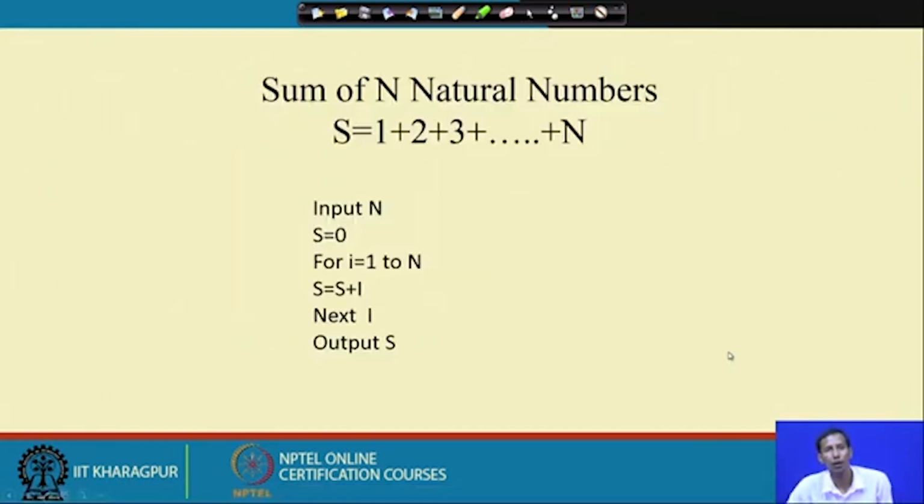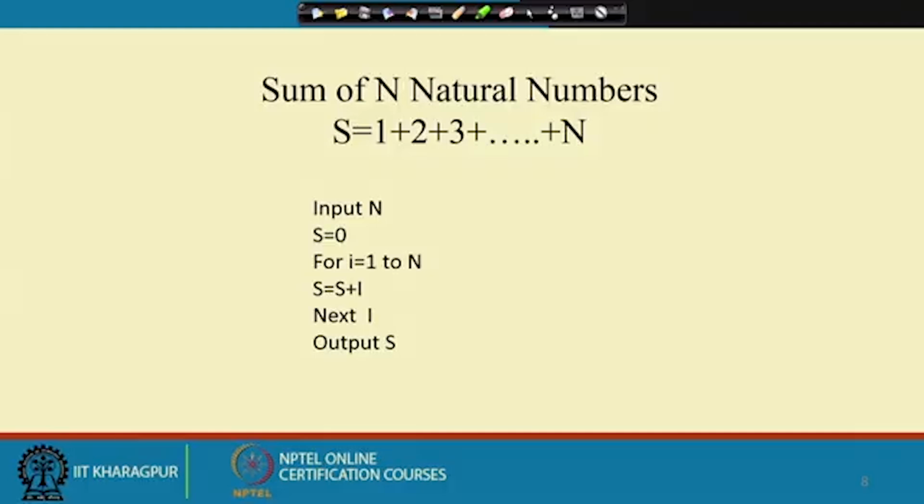we have to find out the sum of n natural numbers. Suppose this is my job to do, I have to find out the sum of n natural numbers. So, that means sum equals 1 plus 2 plus 3 plus up to n.